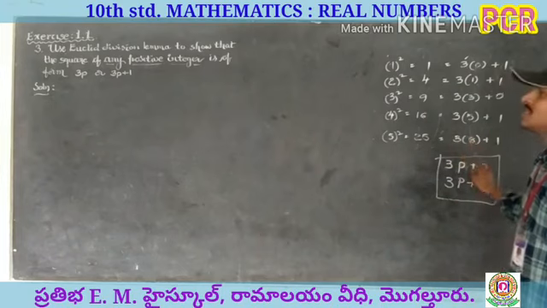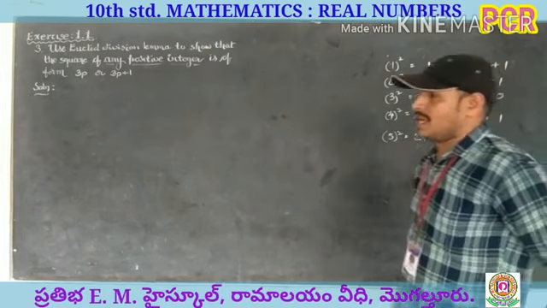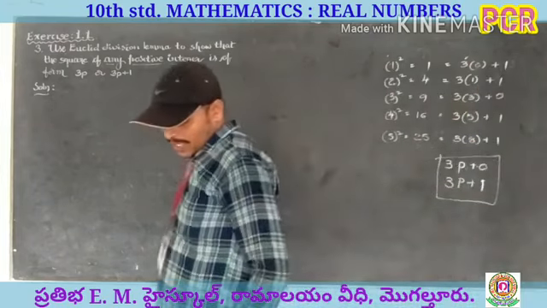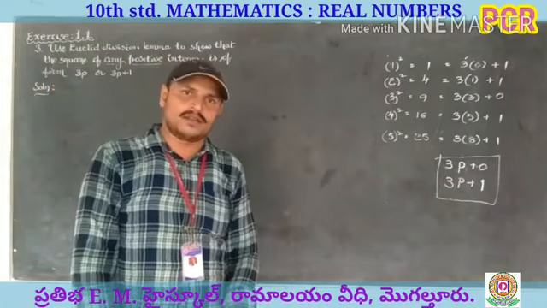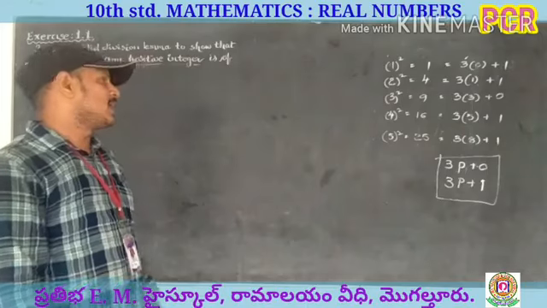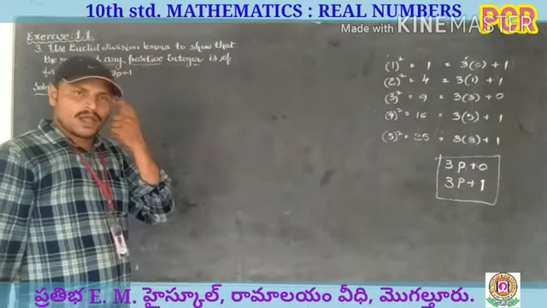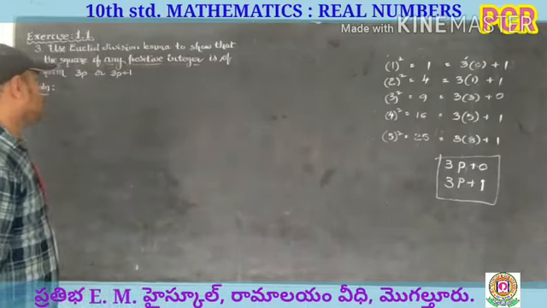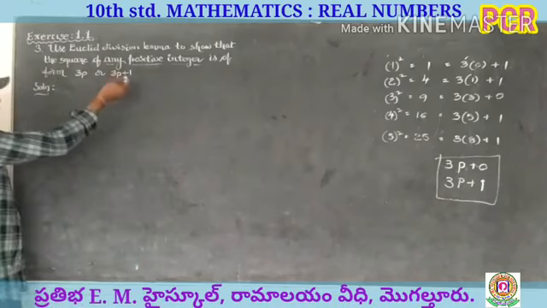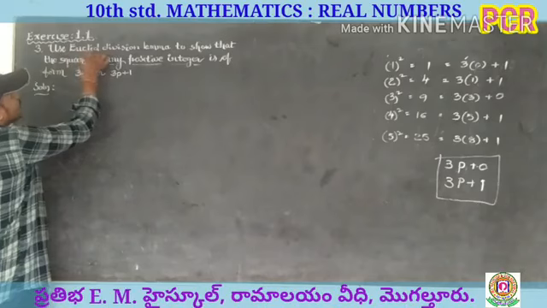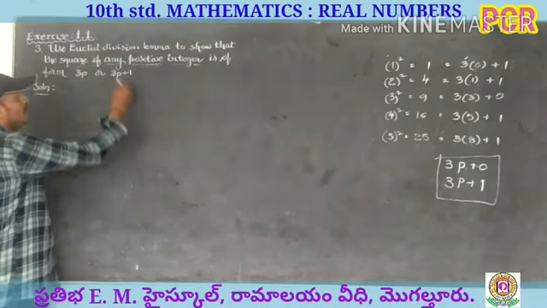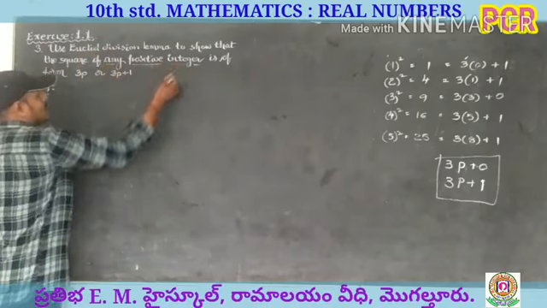We can prove this by using Euclid division lemma. You know the Euclid division lemma: a is equal to bq plus r, where r is greater than or equal to 0 and less than b. But to prove this by using Euclid division lemma, we need any positive integer.